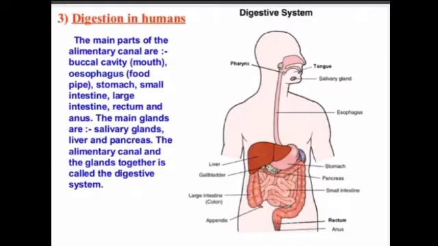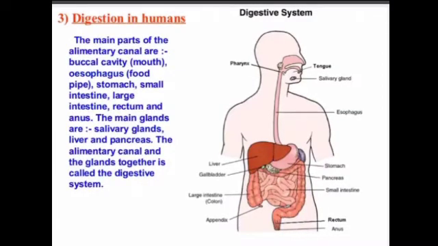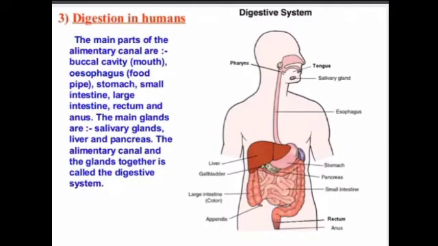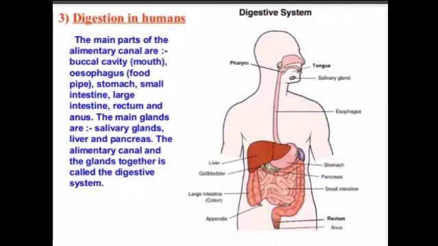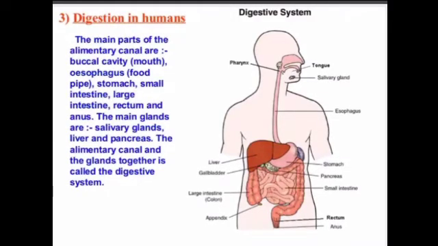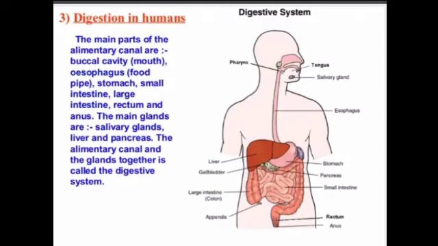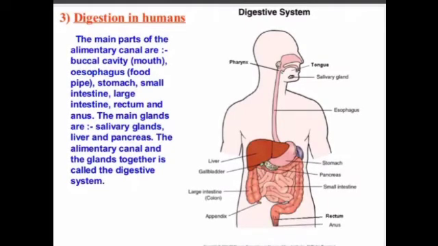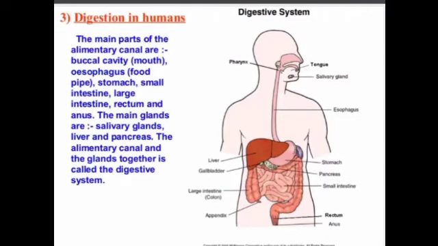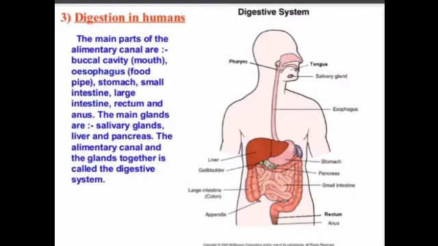These three glands secrete digestive juices that help in the process of digestion. The salivary gland secretes saliva in the mouth, the liver secretes bile juice, and the pancreas secretes pancreatic juice. These digestive juices convert the hard, complex substances of food into simpler substances.